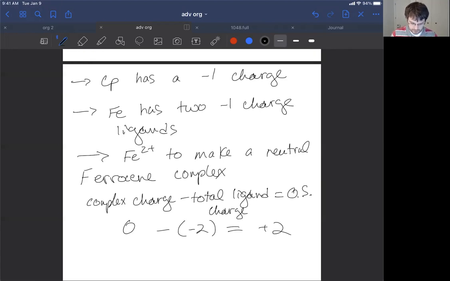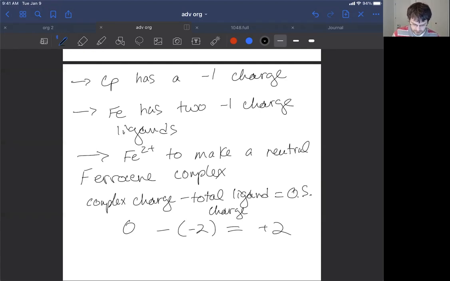So this is going to be the neutral atom number minus the oxidation state number. I think that's true for the most part.